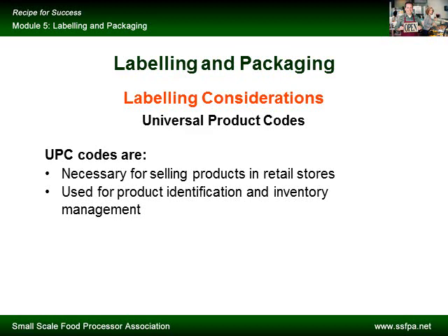For example, if you sold nutritional bars, you would require a UPC code for the individual bar, the master case the bar is sold out of, and finally the outer case the bars come shipped in to the retailer. There are many suppliers of UPC codes, but you must ensure that the codes are coming from a reputable firm. Check with the small-scale food processor members or other trusted manufacturers to ensure you are purchasing your codes from a reputable firm.